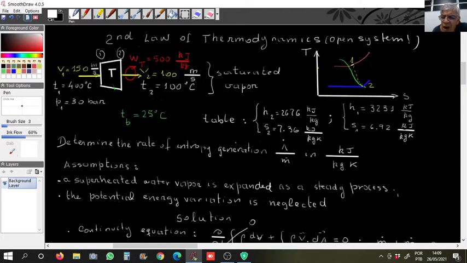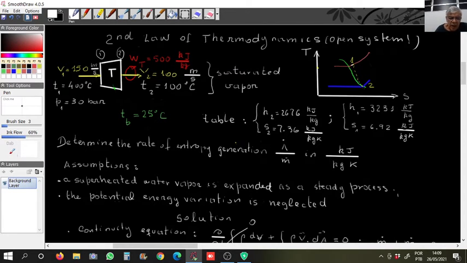At the entrance, the enthalpy is 3231 kilojoules per kilogram, and the entropy is 6.92 kilojoules per kilogram Kelvin. That's the data from the table.